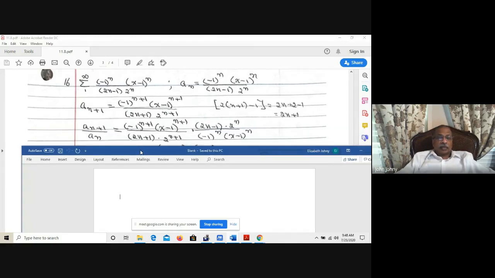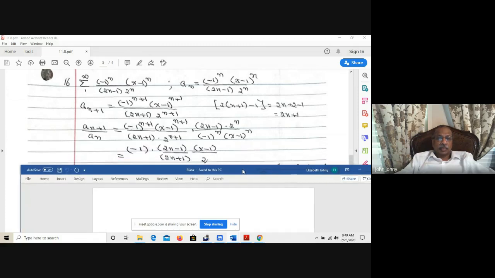So a(n+1) over a(n) is equal to negative 1 to the power of n plus 1, x minus 1 to the power of n plus 1 divided by 2n plus 1 times 2 to the power of n plus 1, multiplied by the reciprocal of a_n, that is 2n minus 1 times 2 to the power of n divided by negative 1 to the power of n, x minus 1 to the power of n.